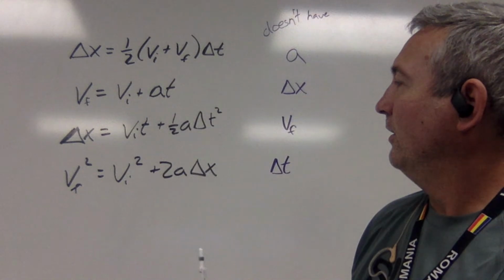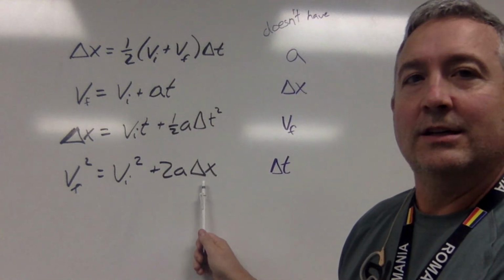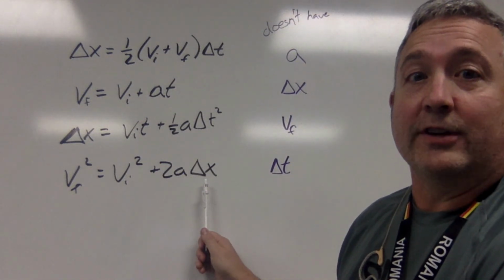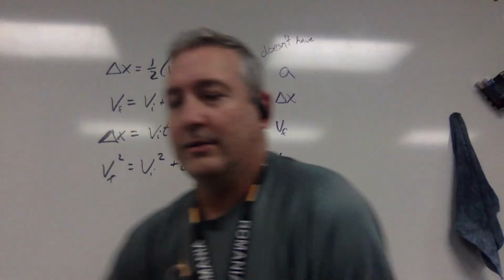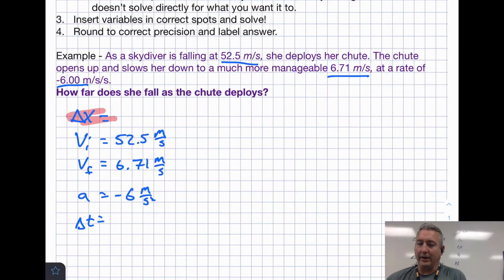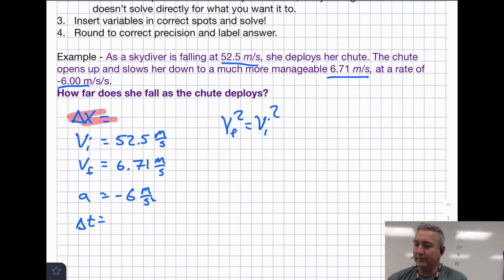I'm solving for delta x, and it's not set up to solve for delta x, so I'll have to do some algebra to rearrange it, but that's well within my capability. So I'm going to put that in there. Vf squared equals Vi squared plus 2a delta x. Now, depends on what you do.